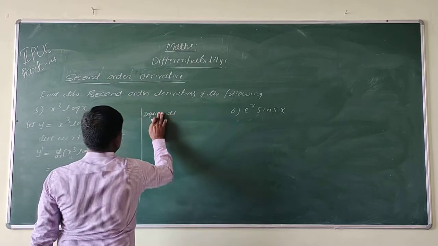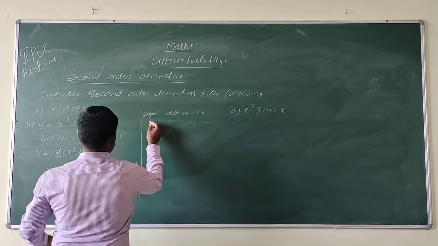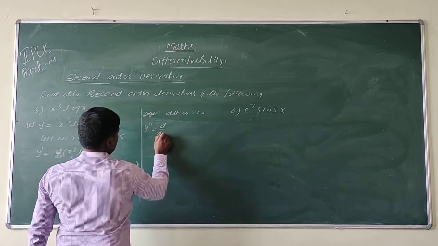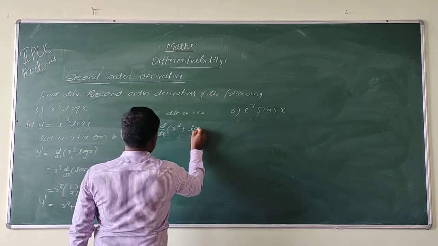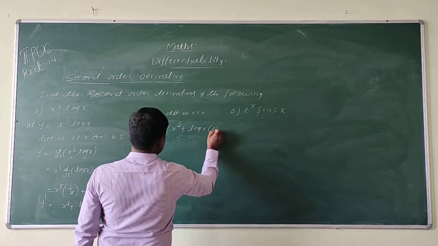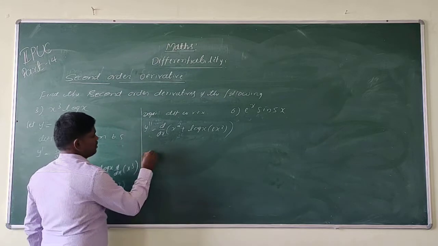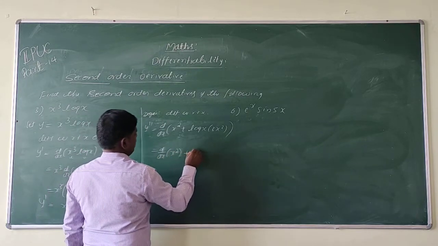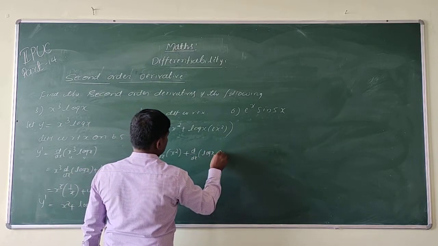Again differentiate with respect to x. So then we get y double dash. y double dash is equal to d by dx of x squared plus log x into 3x squared. So that is d by dx of x squared plus d by dx of log x into 3x squared.